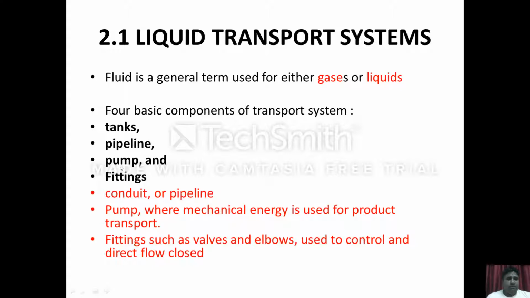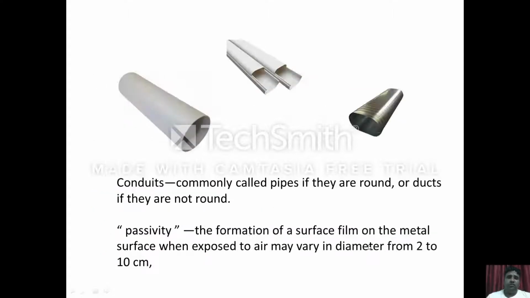The main purpose of the pump is to provide mechanical energy to the liquid when we try to flow the liquid against gravity, or you can say the gravity gradient. And fittings include your valves and elbows, just to control and divert the flow.